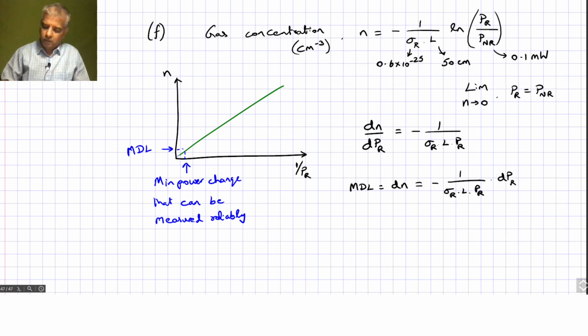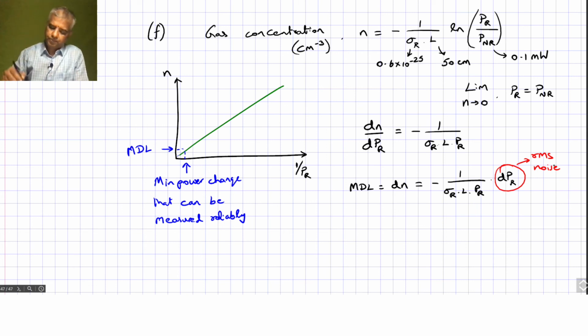So now the question is, what is dPr? dPr corresponds to the uncertainty, which is essentially the noise power that we have. This is actually the RMS noise that we have, the noise equivalent power that we consider as incident on the photodiode.